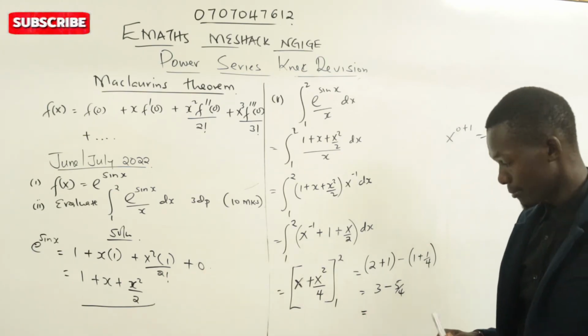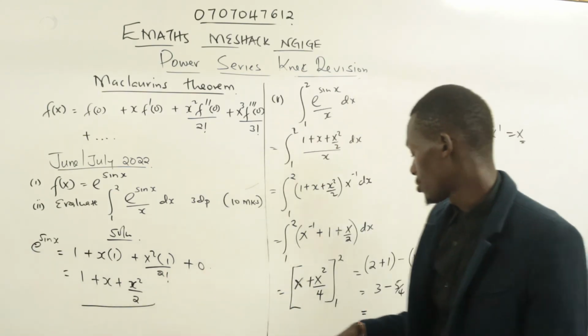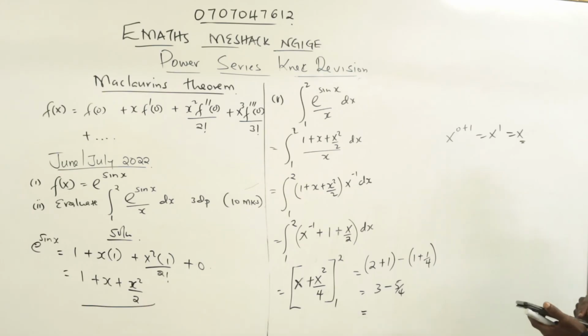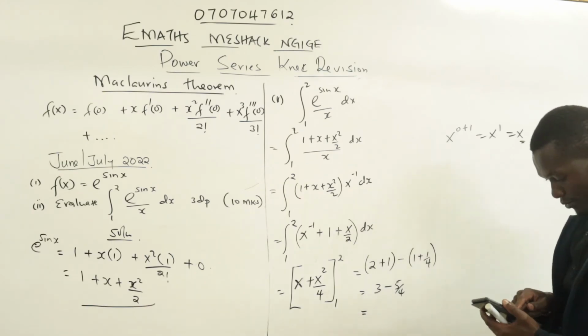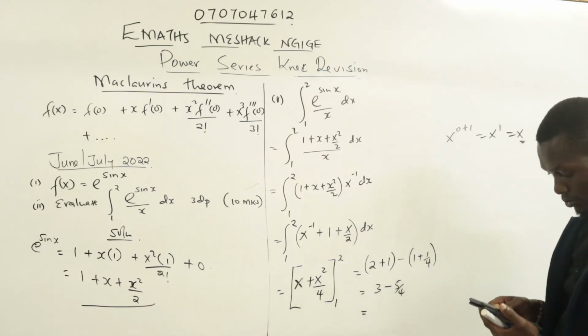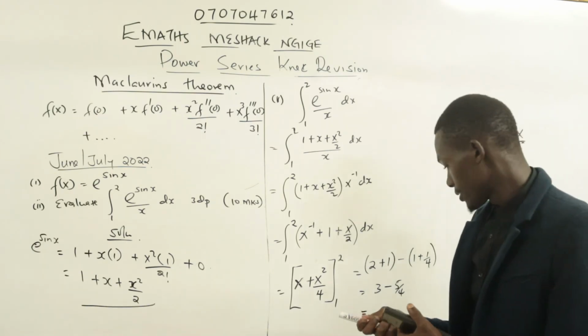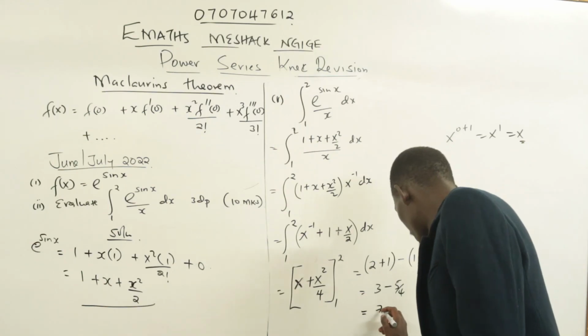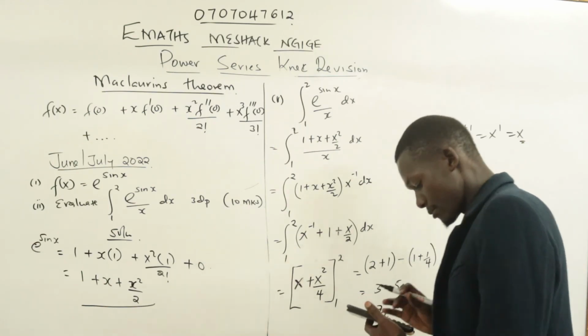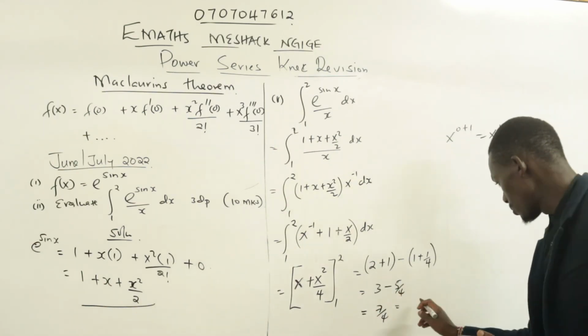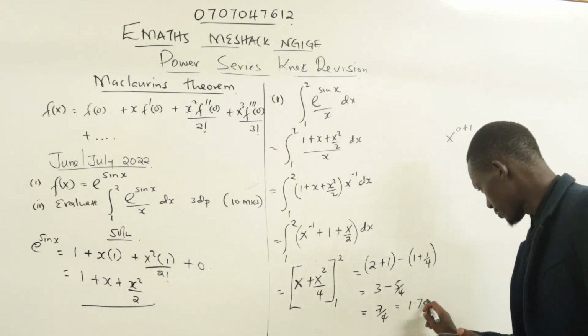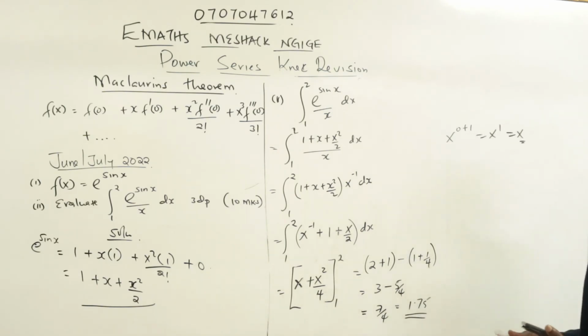And what will be 3 minus 1 and a quarter? So 3 minus 5 over 4 gives you 1 and 3 over 4, which is 7 over 4, which is the same as 1.75. And that will be your value for the expansion of e^(sin x).